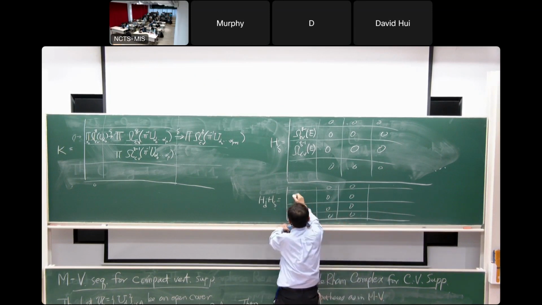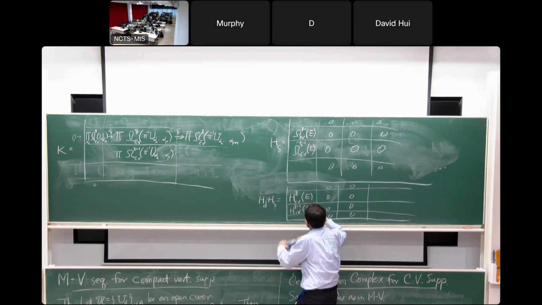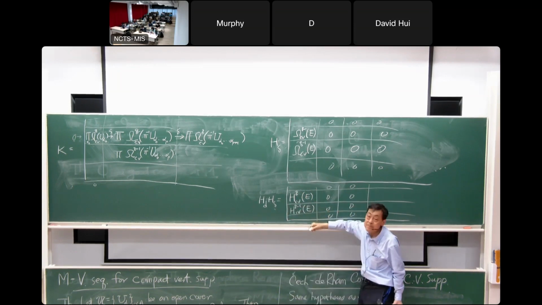Yes, very good. It's the cohomology with compact vertical support of E. That's the first column.